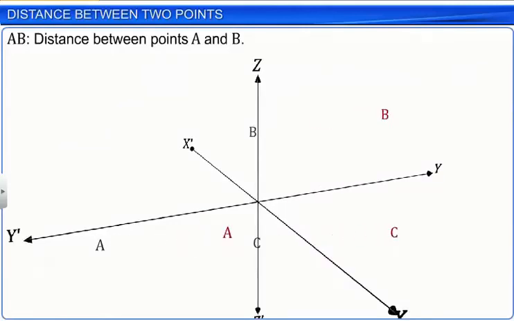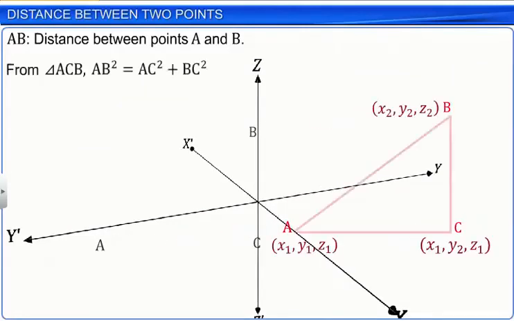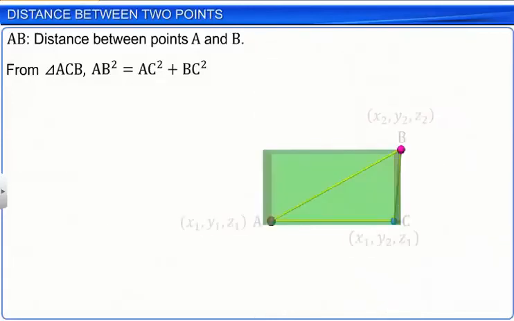Since ACB is a right-angled triangle, we get AB square is equal to AC square plus BC square. Next, we consider point D on the parallelepiped as shown.